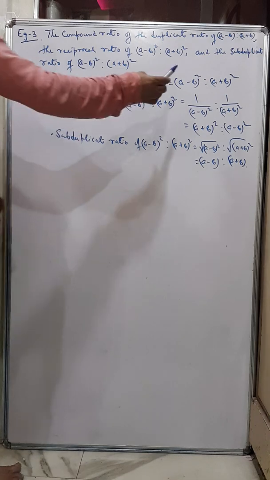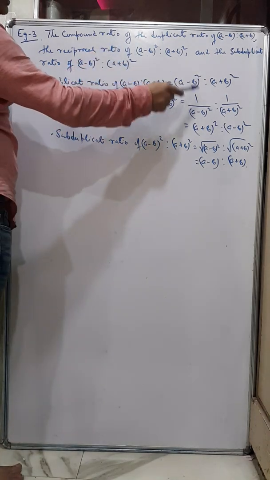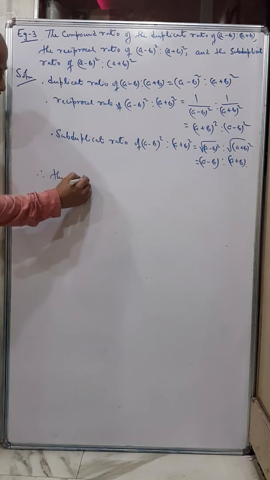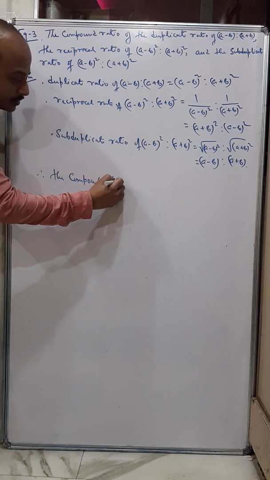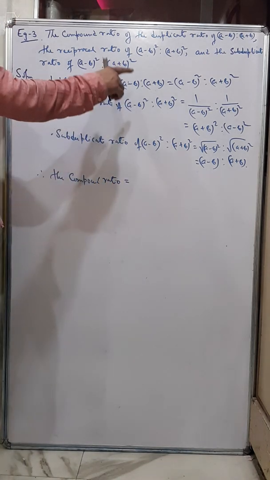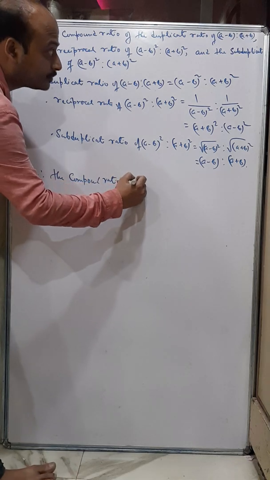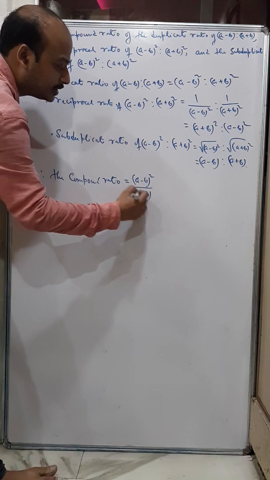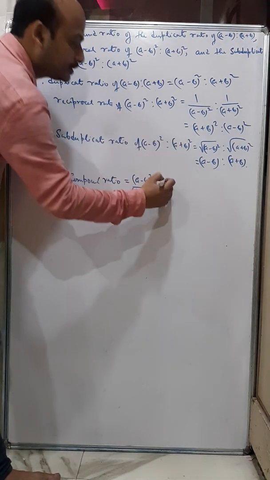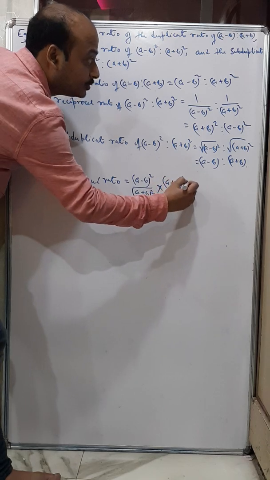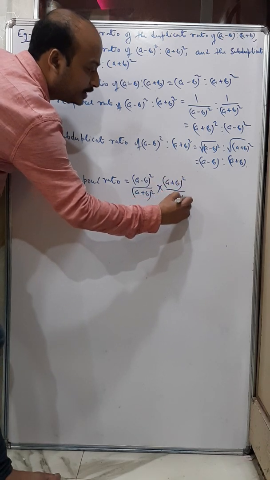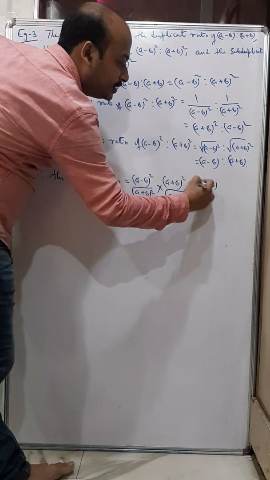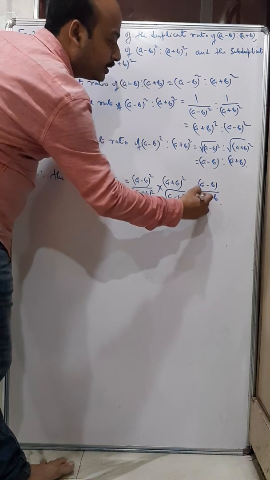Now you have to simply find the compound ratio of these three. Therefore the compound ratio: the first one is (a minus b) whole square by (a plus b) whole square, into the next one, (a plus b) whole square by (a minus b) whole square, again into the last one, a minus b by a plus b.